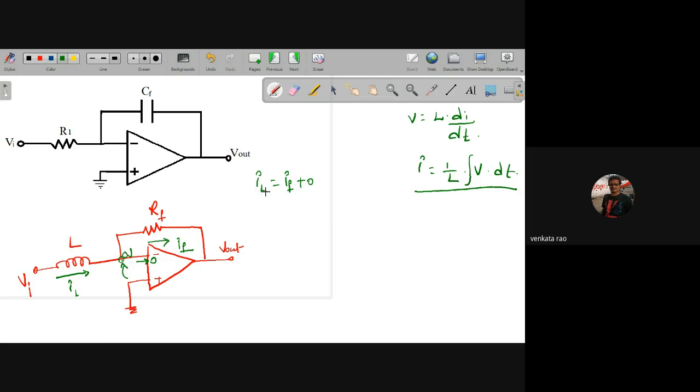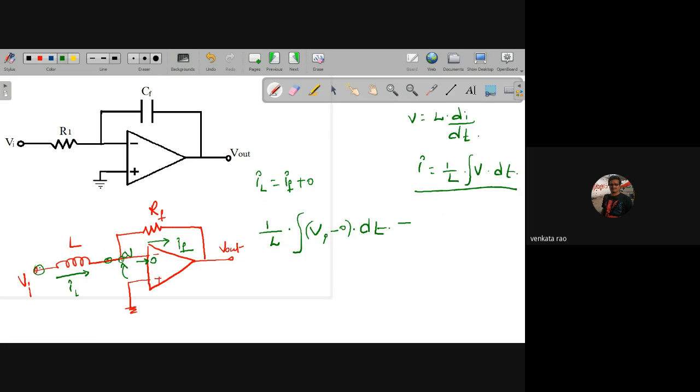Same thing I am applying: IL is equal to 1 by L into integral of V, the voltage at this point minus the voltage at this point. The voltage at this point is Vi minus 0, into dt.